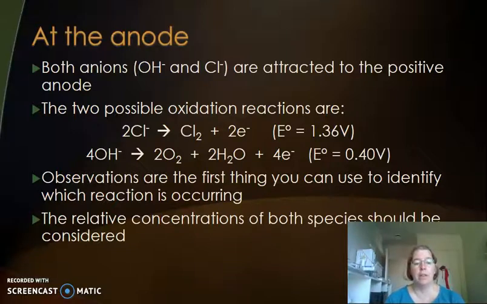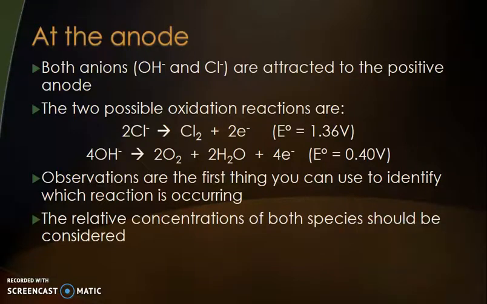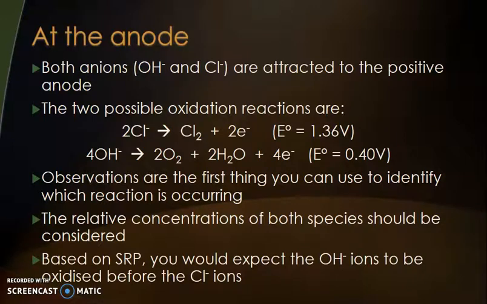However, there's one other thing that we do need to consider, and that final thing is the standard reduction potentials. If we have a look at these, then these are oxidation reactions, so we need to look at the strength of these two substances as reductants, because obviously the reductant is the thing that's oxidized. And hydroxide with a lower E naught value is a stronger reductant than chloride with a higher E naught value.